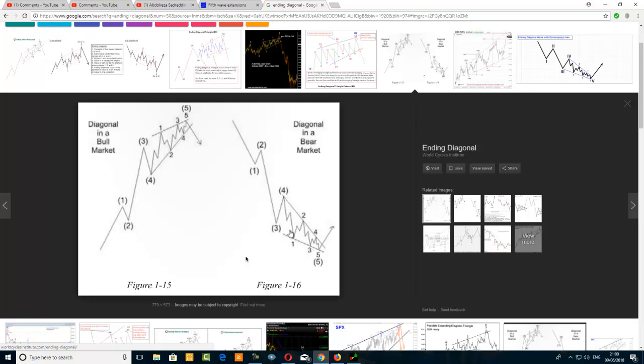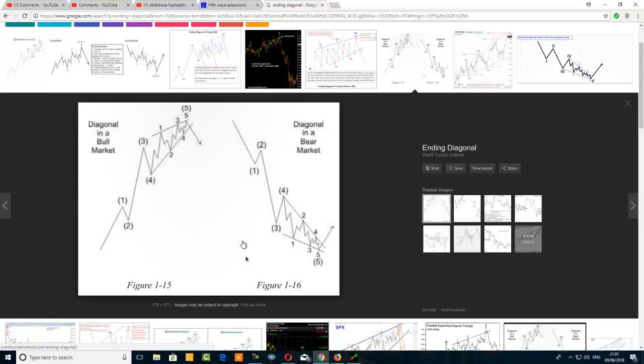But the triangle will be pointing down in a downtrend, and then we have the breakout. That's what the gentleman was mentioning about the ABCDE, but it was not correct, okay? So there is a difference. I understand the confusion where this is coming from. And again, the ending diagonal in an uptrend, the triangle will be pointing up. And then we have a sharp move down, price popping down very fast.